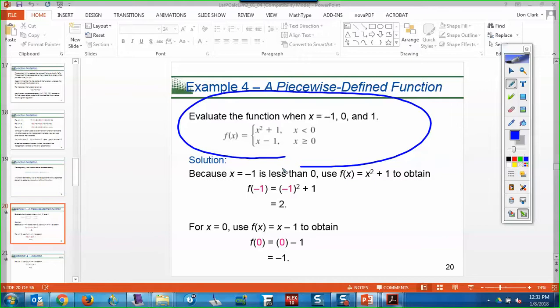For a while we'll do this function, and then for a while we'll do a different function, and then put them together. So this is just saying we'll have the parabola x squared plus 1 whenever x is negative, and when x is 0 or more, then we'll switch and be the line x minus 1, right?